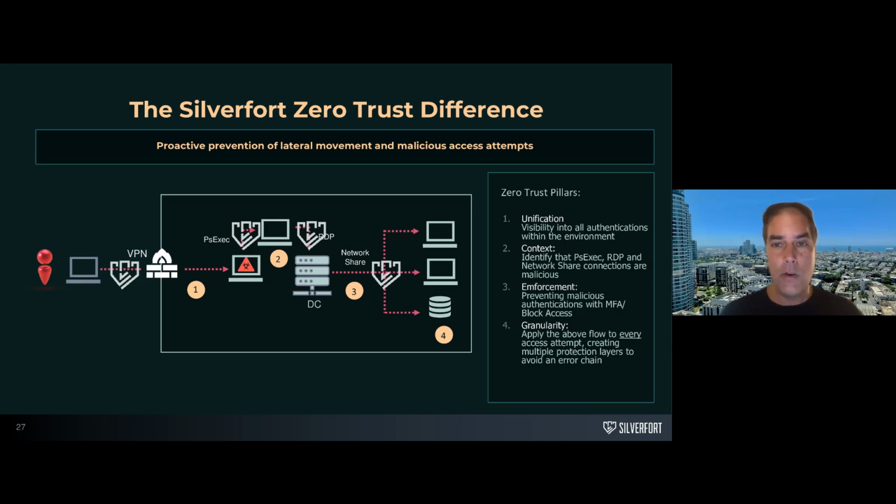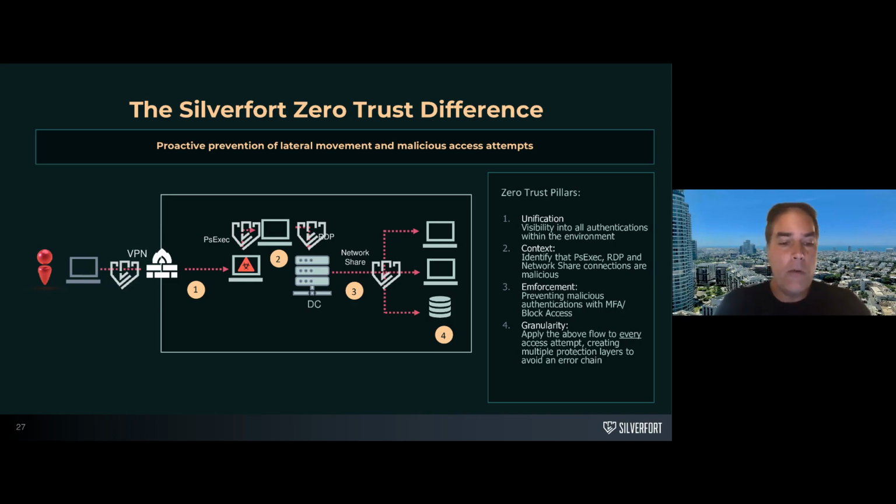So this also would have been a huge red flag that could have been thrown up right away had there been a system in place to detect it. And then if we talk about enforcement, both on the VPN access and on the remote protocols, as well as on the network sharing, there could have been an MFA in place to stop that attack, to stop that ransomware from actually being propagated.